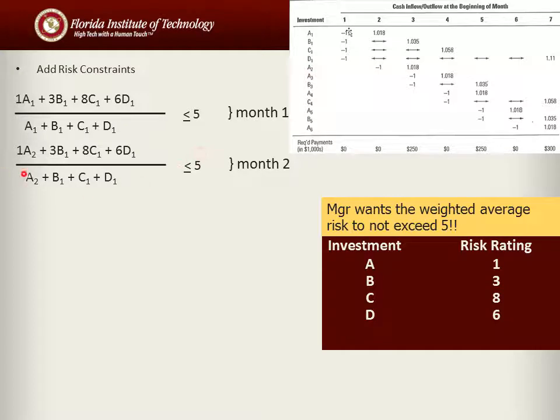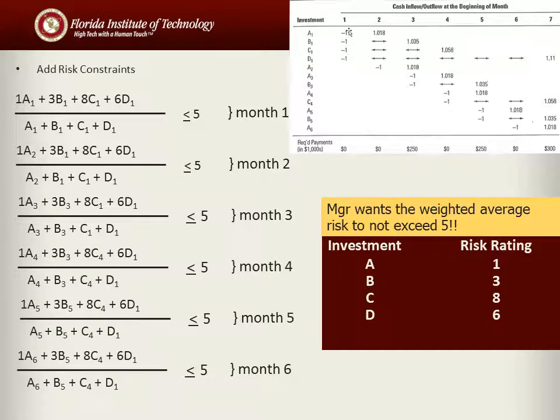And that's why those are the variables that we see here. Okay, B1, C1, D1, and A2. And of course, we have the coefficients to represent different risk ratings. Okay, so if you divide it by A2 plus B1 plus C1 plus D1, which is the total amount, it gives you a weighted average. Okay, and that has to be less than or equal to 5.